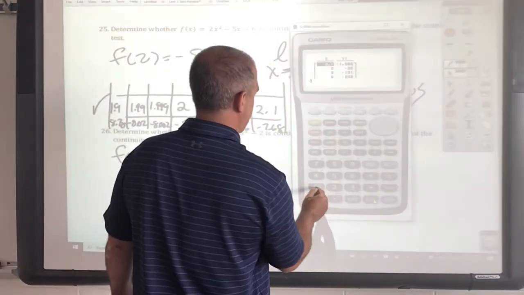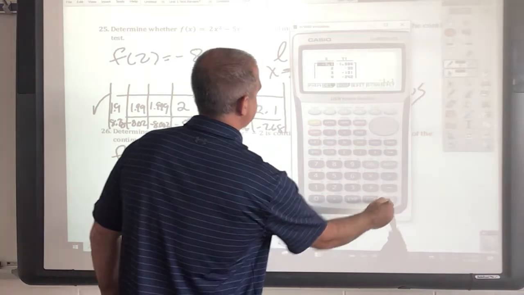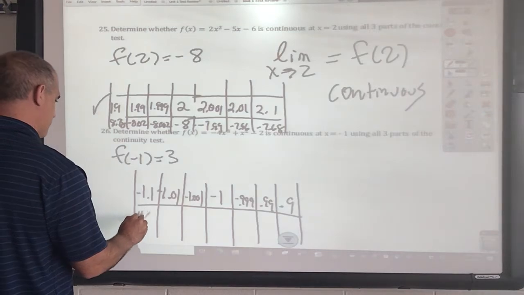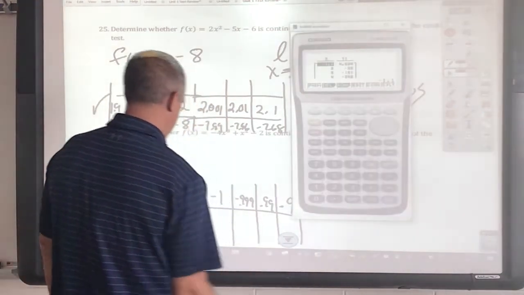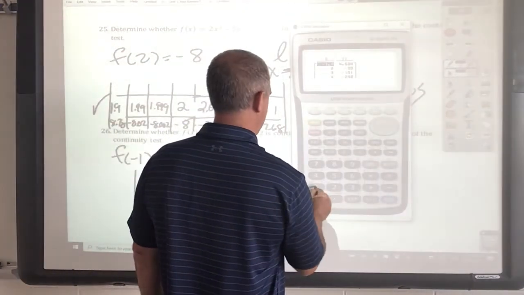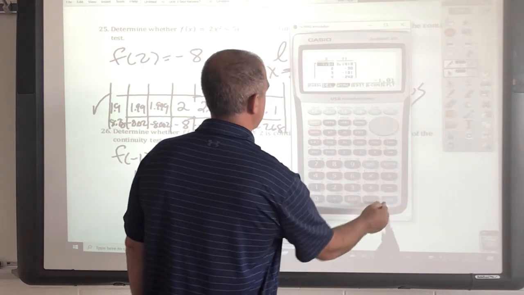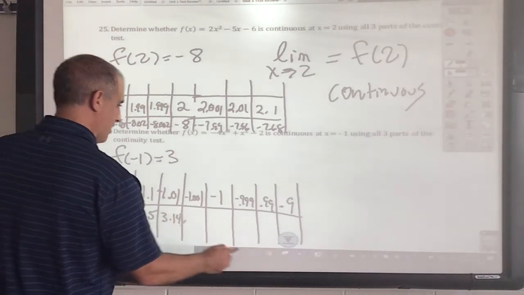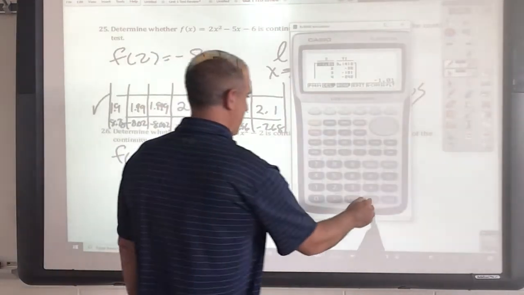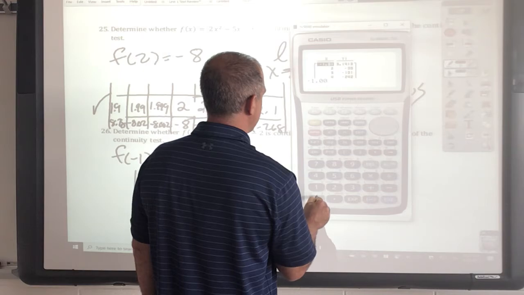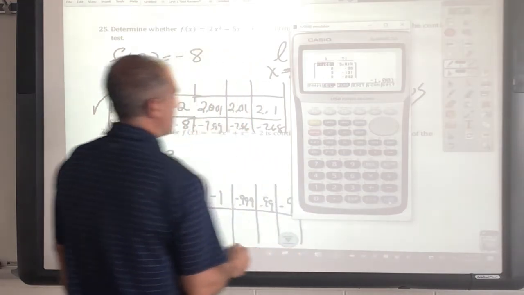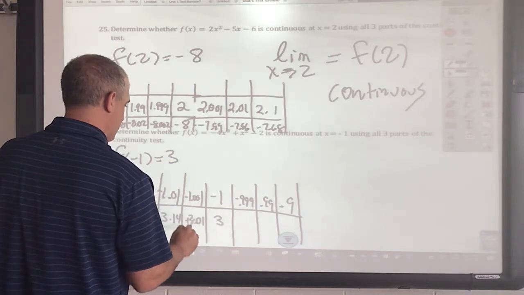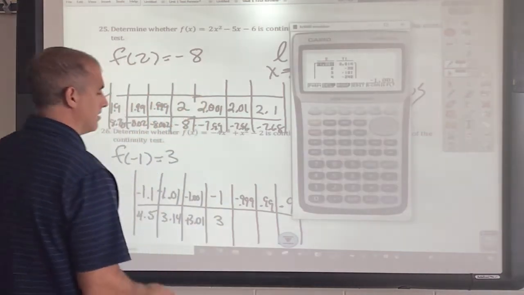Oops, the calculator sometimes is not great on the board. I got 4.5 basically. Then negative 1.01 is 3.4, and then negative 1.001 is 3.01. We already know that f of negative 1 is 3.